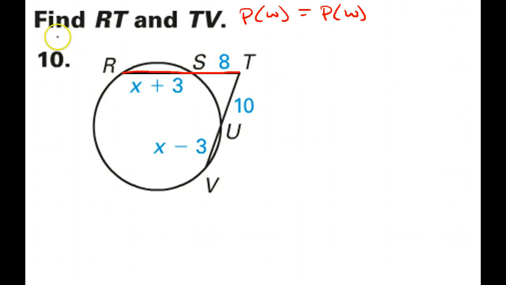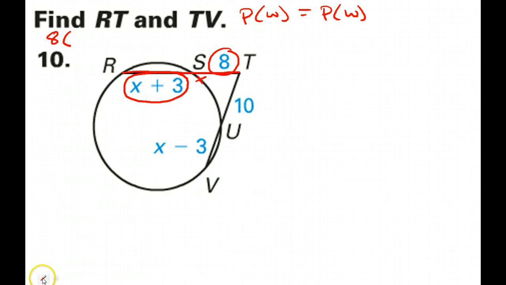All right, I'm going to write this over here. Part times whole. Obviously, the part is 8. Now, the whole. I think you'll understand that the whole is the sum of these two pieces, the x plus 3 and the 8. So the whole is going to be x plus 3 plus 8. It's the sum of these. So I'm just going to write that down. So don't be scared.